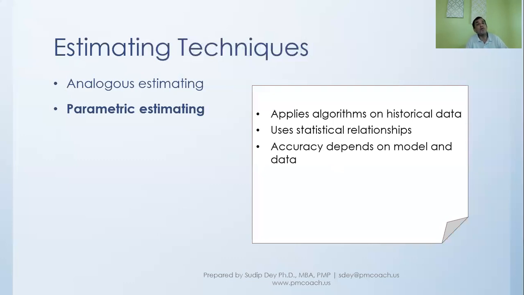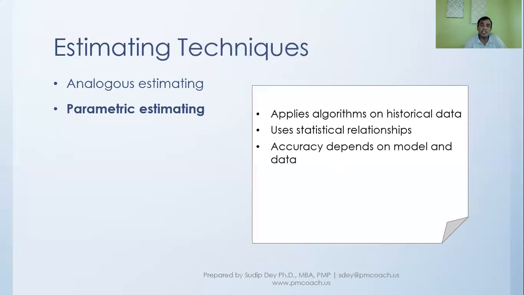Now, we go to a previous project and see how much time the complex function takes, how much time the medium function takes, and the simple function takes. We go to another project that uses the same methodology to do the estimation. Now, we take that data and apply it in our model to do the estimation.